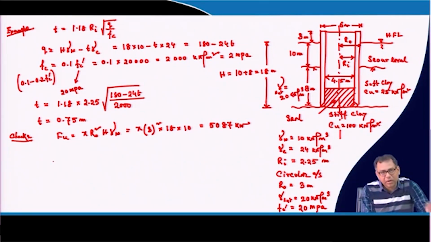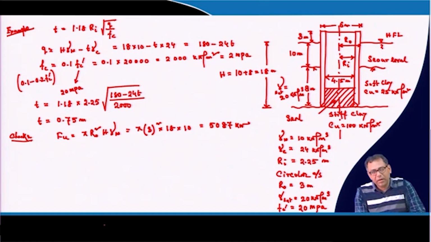Now, we have downward forces: the weight of the shaft, the weight of the seal, and the friction force.